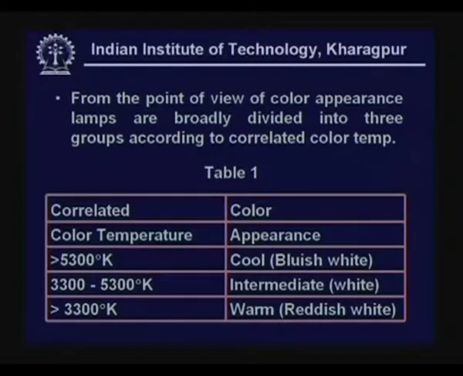So, you have three ranges: one below 3300 degree Kelvin, then greater than 5300 degree Kelvin, and between 3300 to 5300 degree Kelvin, and depending on the appearance they are called cool, intermediate, warm, and they are termed bluish white, white, reddish white.